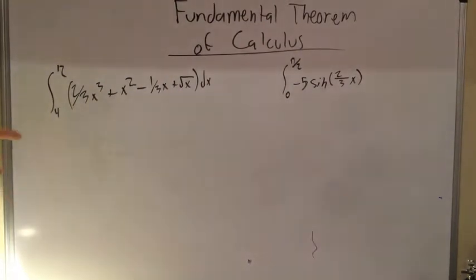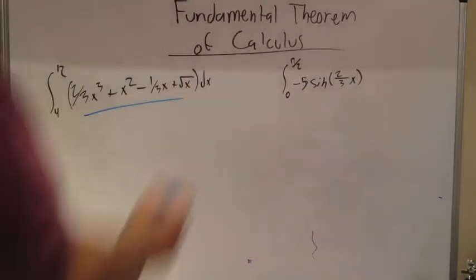Now let's try a few exercises. The first one is the definite integral of 2/3 x cubed plus x squared minus 1/3 x plus the square root of x, from 4 to 12. First you need to find the antiderivative of this function.